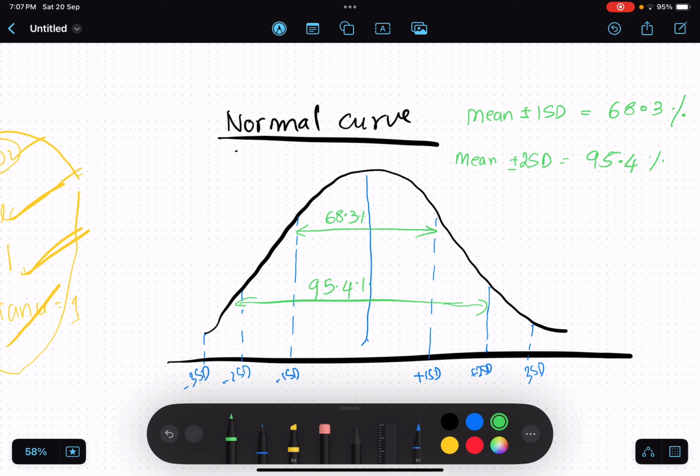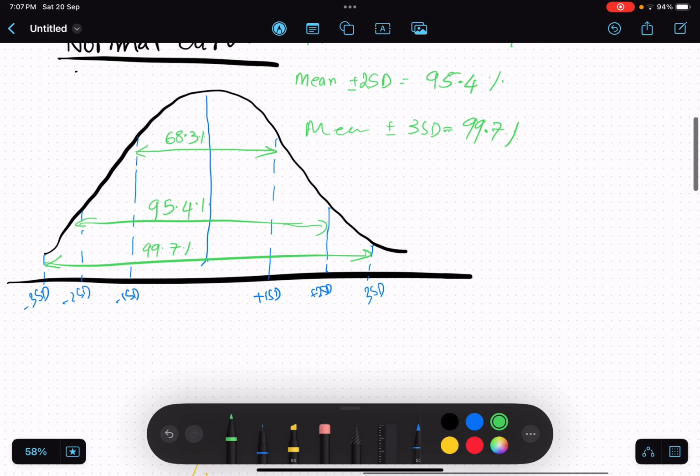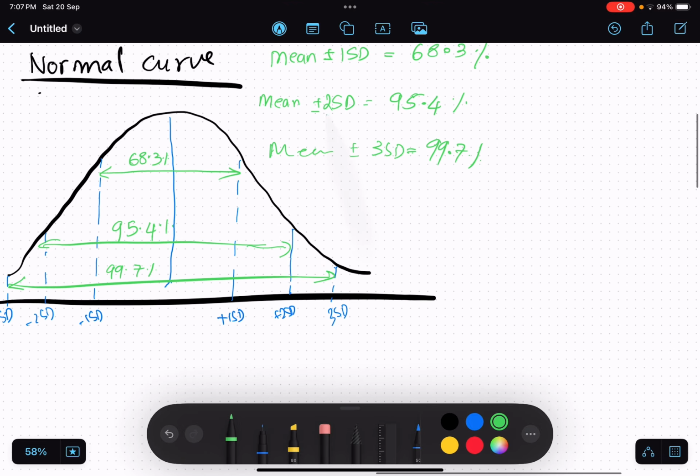If I'm going to talk about mean plus or minus 3 standard deviation, it is going to be 99.7%.